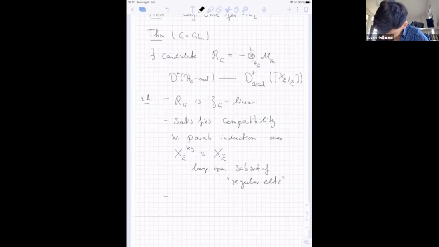It has the last property that I was asking for, namely, if you take this generic character and induce it and apply this functor to it, you see the structure sheaf.